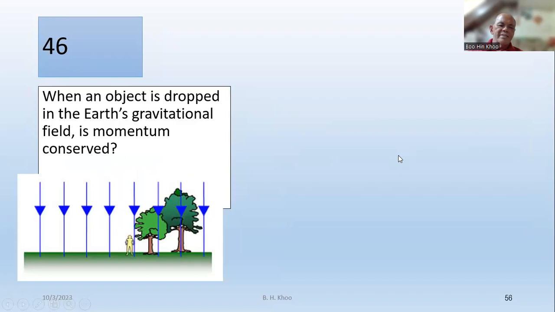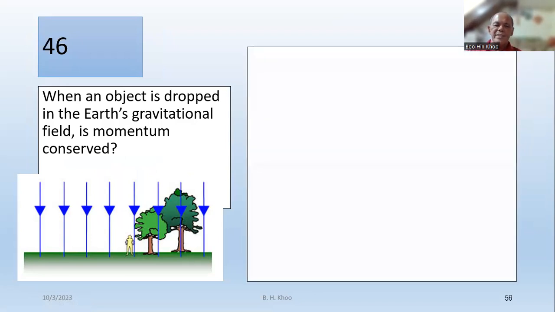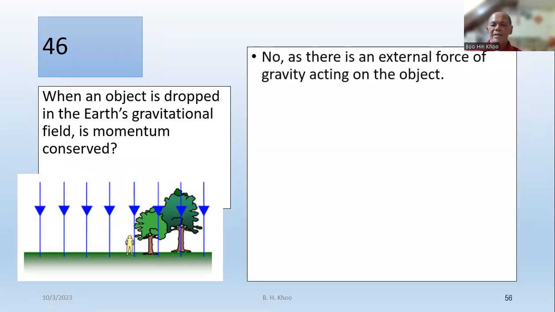When an object is dropped in the Earth's gravitational field, is momentum conserved? It depends on how you view it. If you say no, there's an external force of gravity acting on the object. The weight is acting on the object, so there's an external force there.